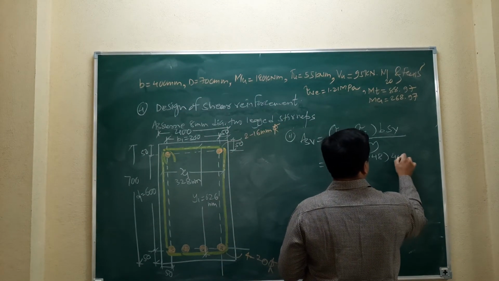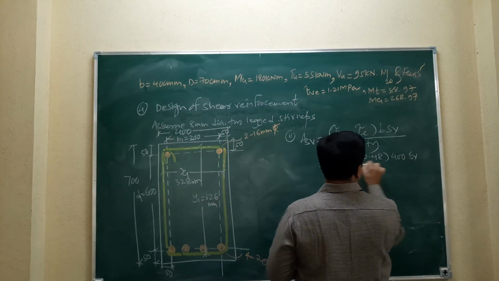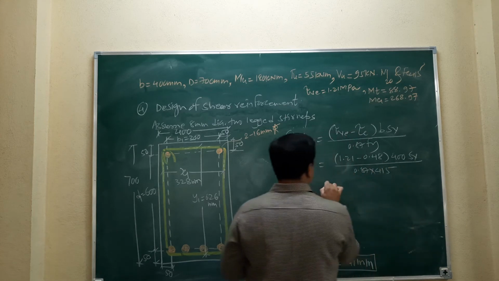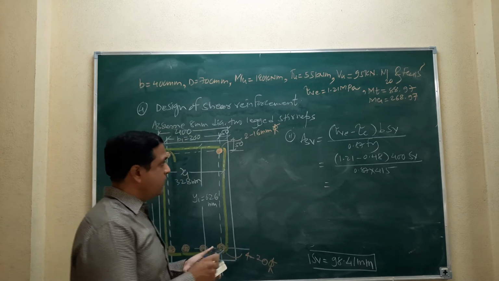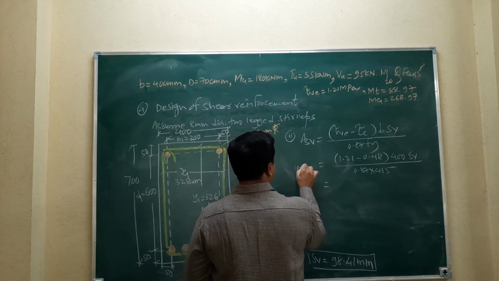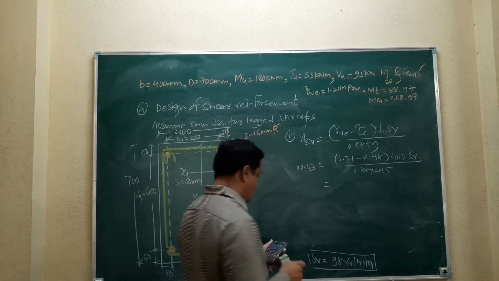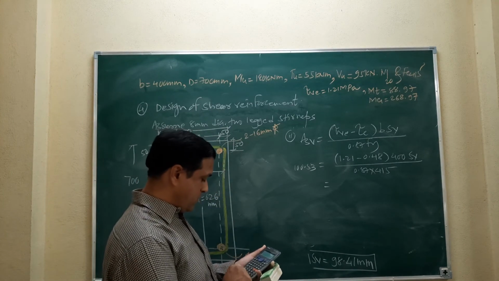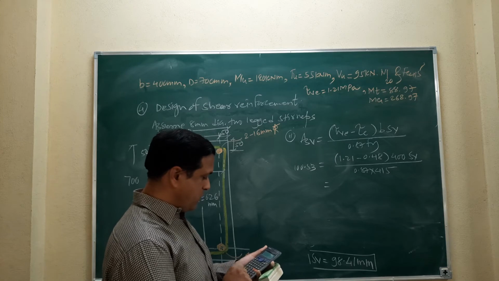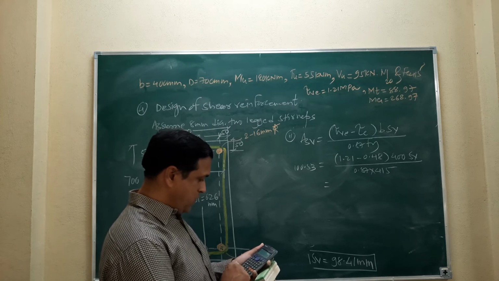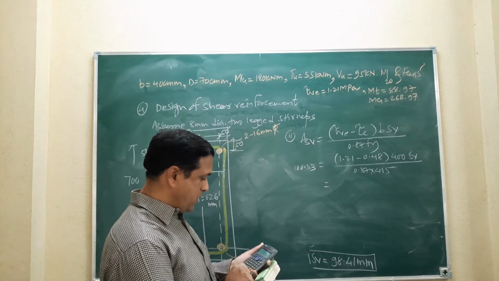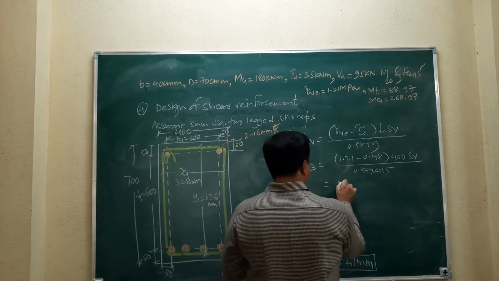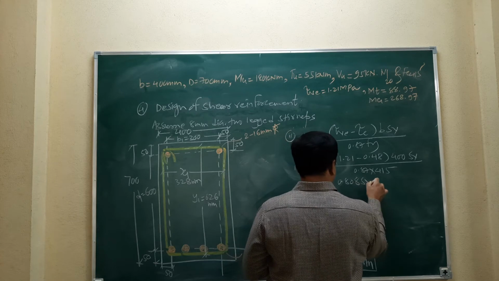Width is 400, SV to find out, divided by 0.87 Fy is 415. Okay. The ASV is 100.53. So 1.21 minus 0.48 into 400 divided by 0.87 Fy is this. So this is 0.808 SV.